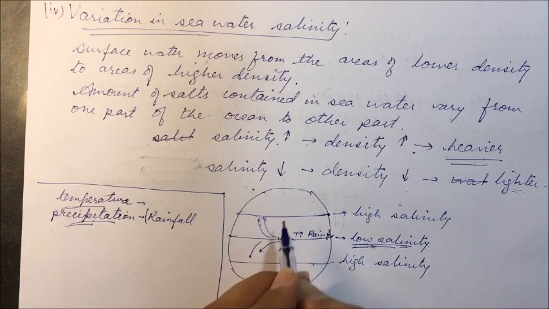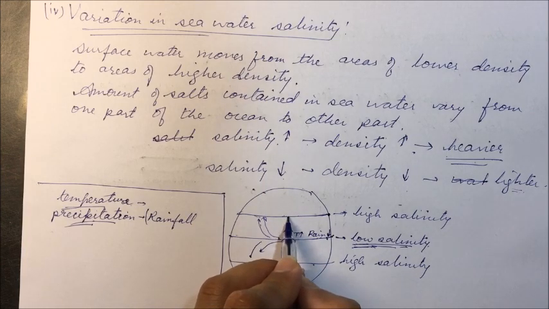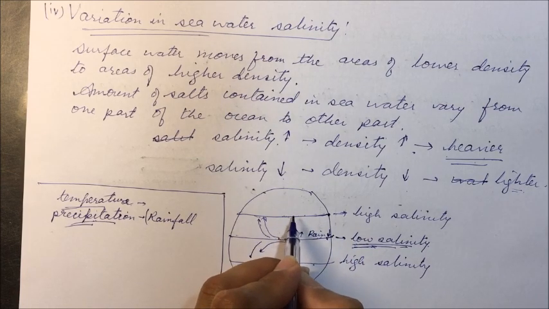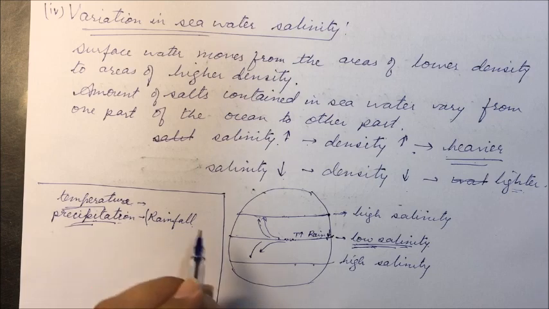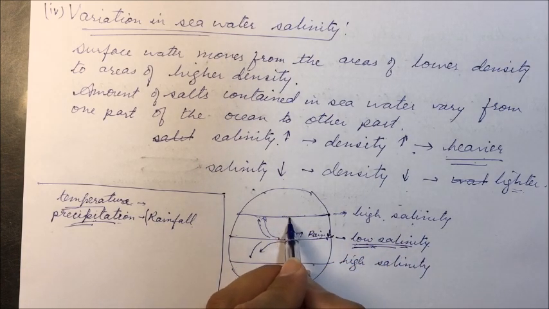But in the tropics, temperature is high, not as much as in the equatorial region. Here precipitation is very low, low rainfall. So water lost by evaporation is not compensated by rainfall. Therefore here water has high salinity, water is more dense.